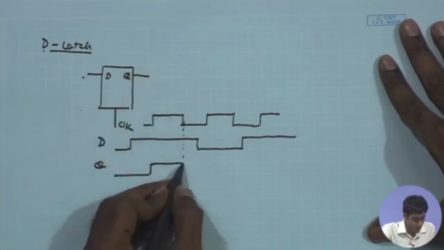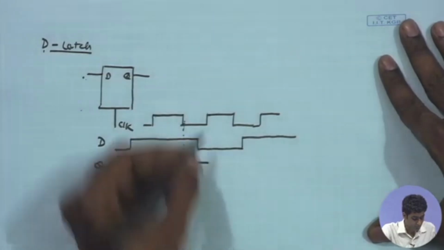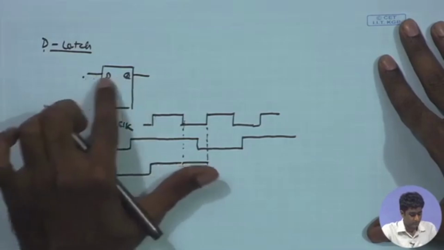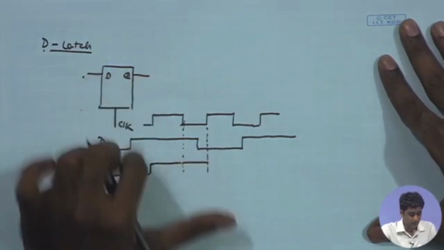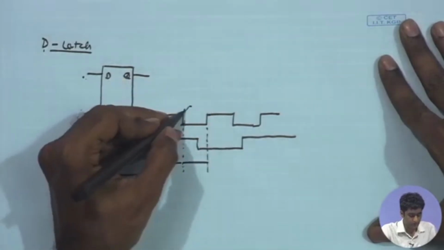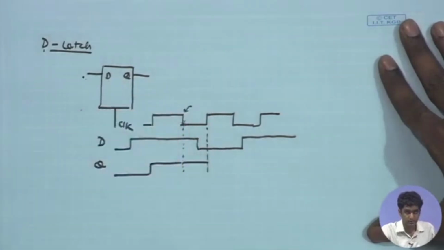During this duration, the connectivity between D and Q is broken, and Q is going to store the level that was available just before the falling edge of the clock.